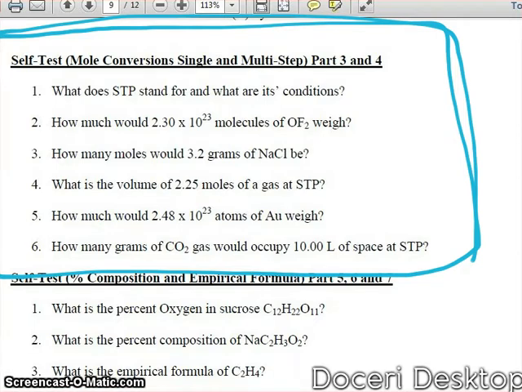If you feel like you're totally overwhelmed and you have no idea where to begin, go back and watch those 2 dimensional analysis videos again and see if you can't kind of start over. You can also go back and watch the single-step and multi-step conversions, and that should help you out.